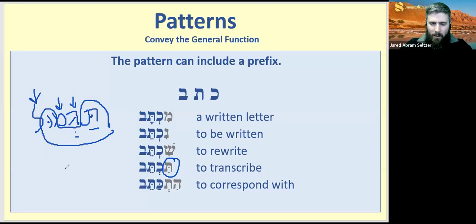The root gamal, you may think of a camel, but it means to pay back in a good way. So tagmul would be translated as maybe benefit, something where somebody paid you back in a good way.